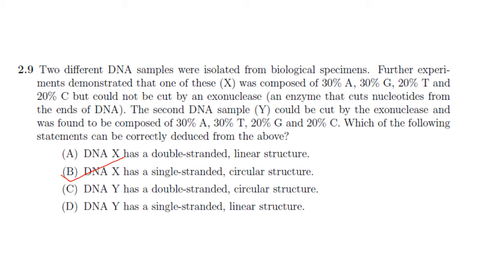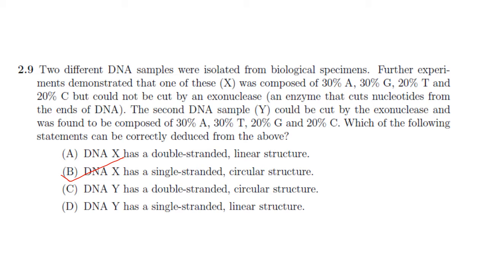For X, it is composed of 30% A, 30% G, 20% T and 20% C. So A is not equal to T in case of X. The G is not equal to C in case of X, but in case of Y, 30% A, 30% T, 20% G, 20% C. So Y will be mostly a double-stranded DNA molecule.